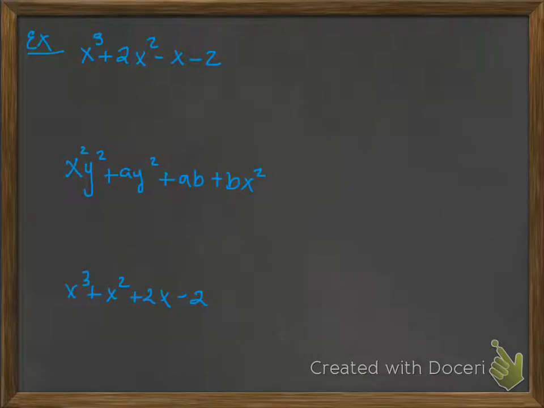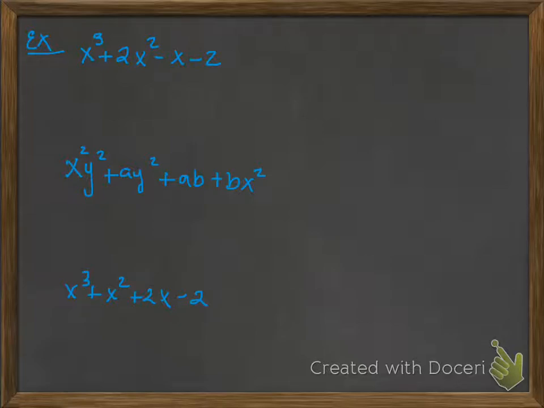Okay, so we got a handful here that we're going to try. And you can group together however you think is going to make something that works. So it's not always necessarily the first and the last, but usually the first and the last are the ones that work the best.